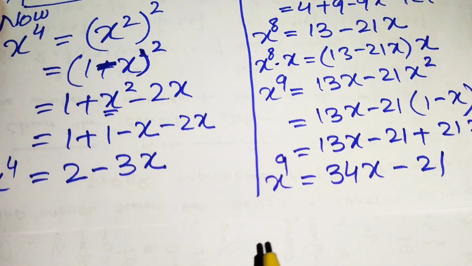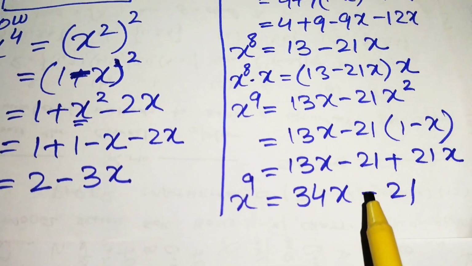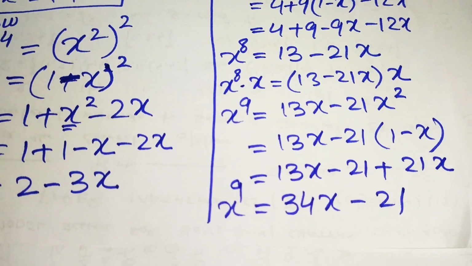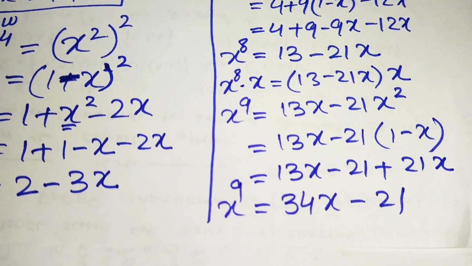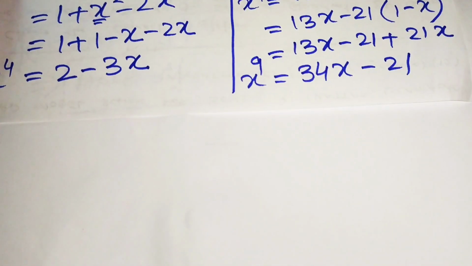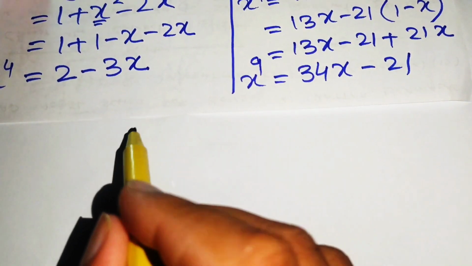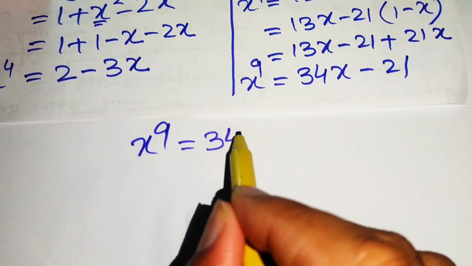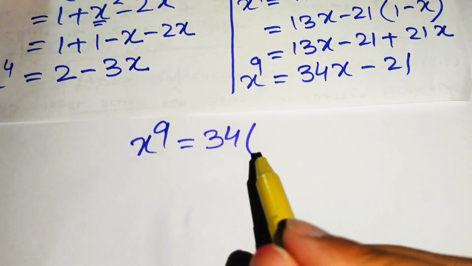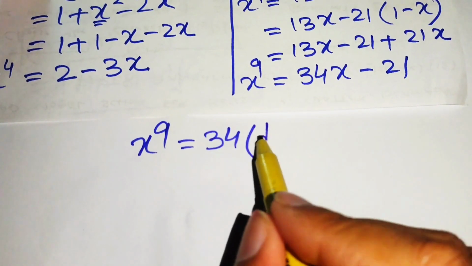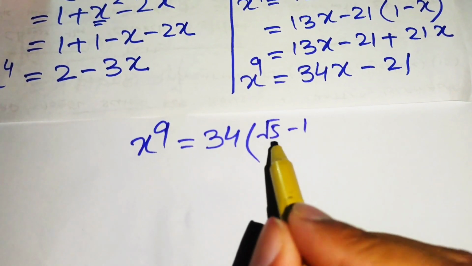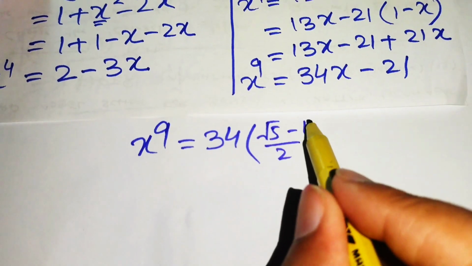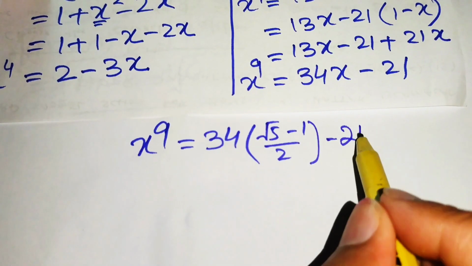Here we back substitute the value of x and move towards the particular result. Now we put the value of x, which we took at the start of the problem: square root of 5 minus 1 over 2, and this is minus 21.